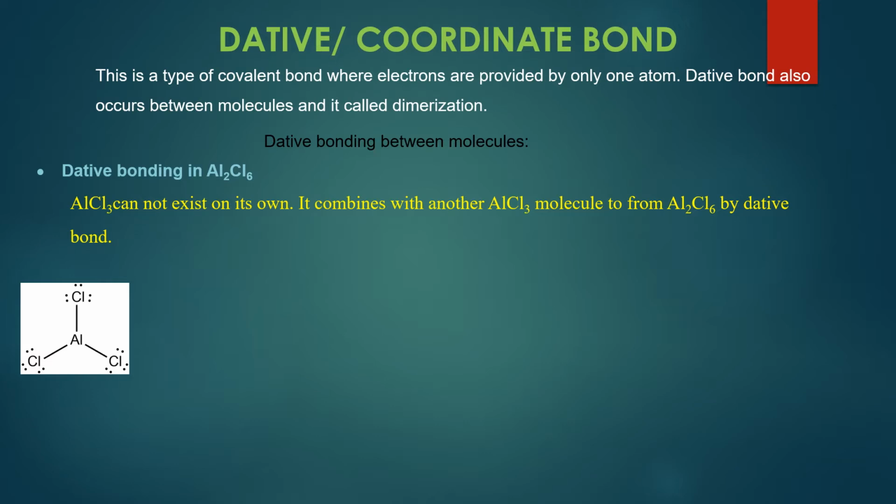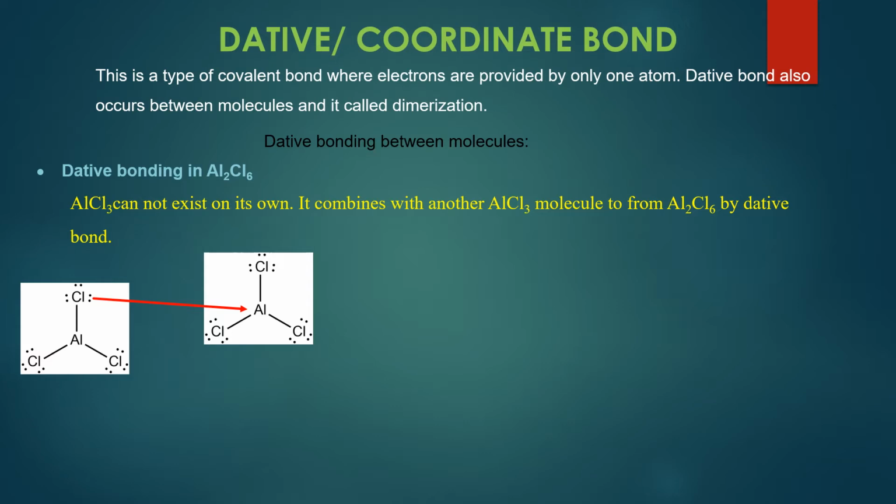Having said that, it will try to gain an extra 2 electrons to become stable, and that can only happen if it combines with another aluminum trichloride molecule. The species willing to provide the 2 electrons to the aluminium will be the chlorine of another molecule. So the chlorine of the first molecule will provide the lone pair of electrons to the aluminium of another molecule.